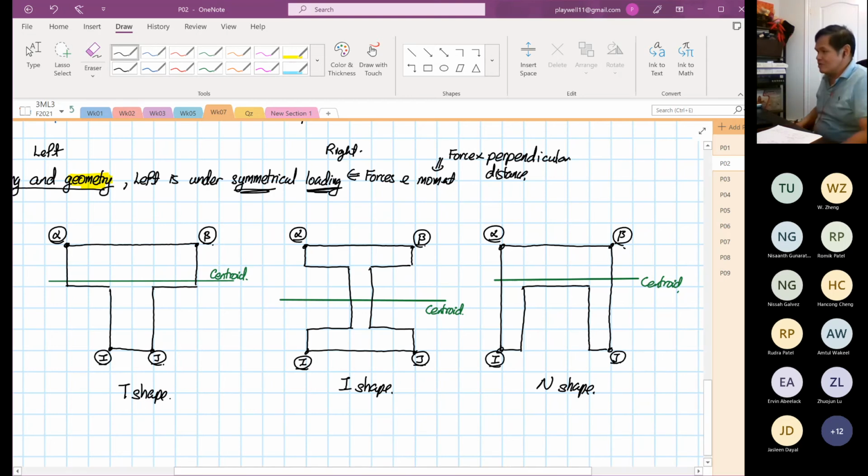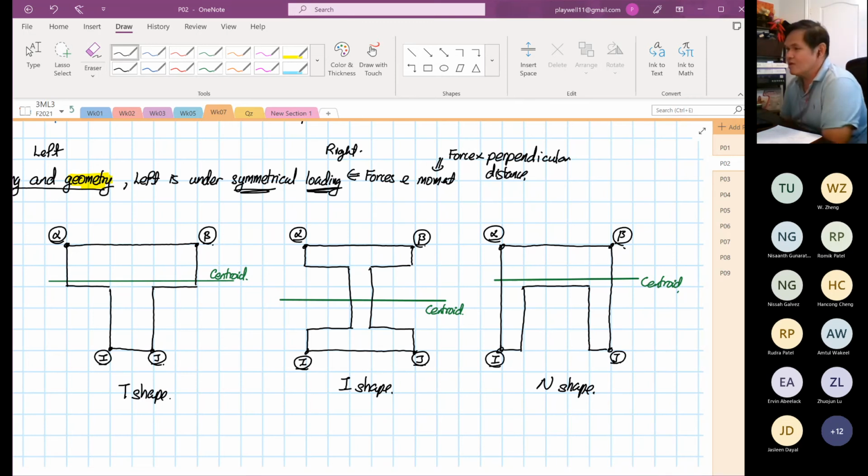You can type up your answer. T. Anyone else? I. T, I. So it's all the above, right? T and I. N is not.